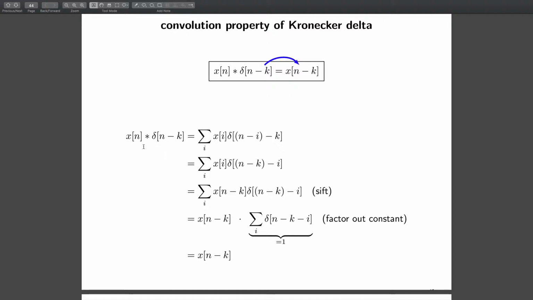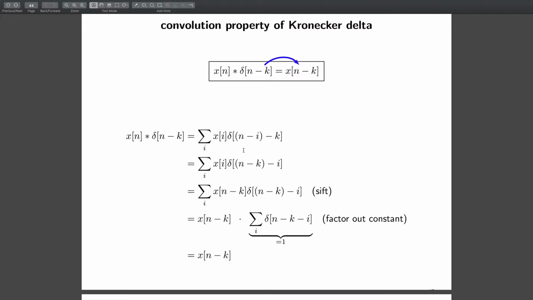The way we evaluate convolution is we write down a summation, and then we replace, in the x signal, the independent variable with i, the index of summation. And then in the delta of n minus k, I'll replace the n variable with n minus i. Of course, we could have done it the other way around. We could have put n minus i inside x and i inside delta, but we're going to do it like this.